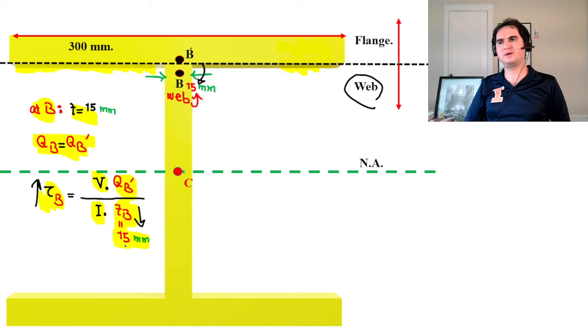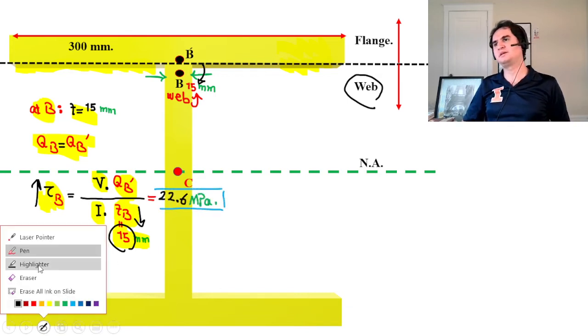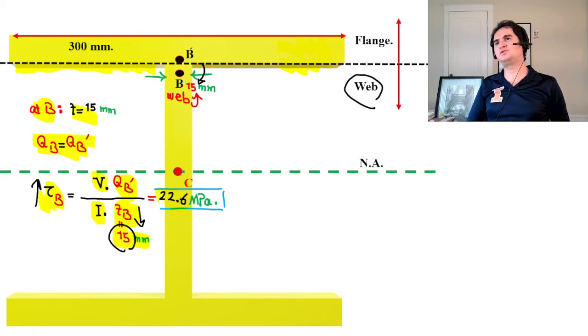It gives you a small thickness, and it drastically increases the shear at B. If you replace the values, it gives you a numeric value of 22.6 megapascal, which in comparison to 1.83 for the previous section is much higher.